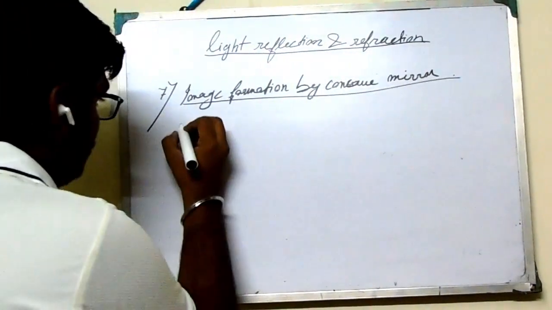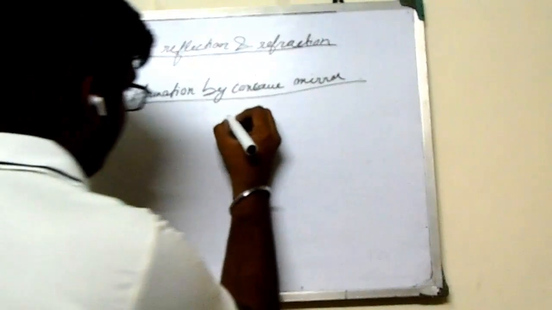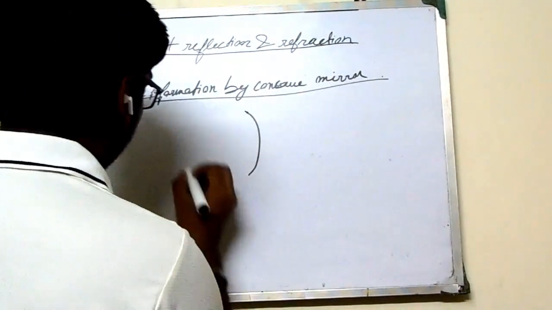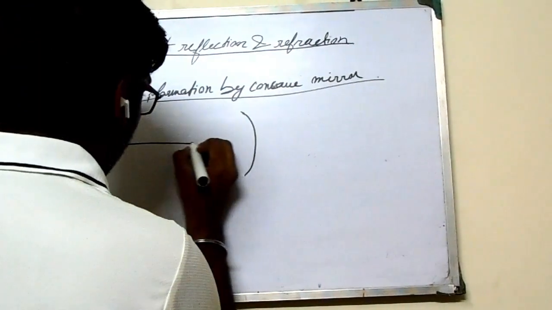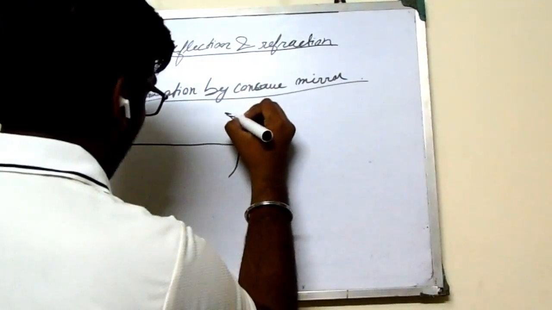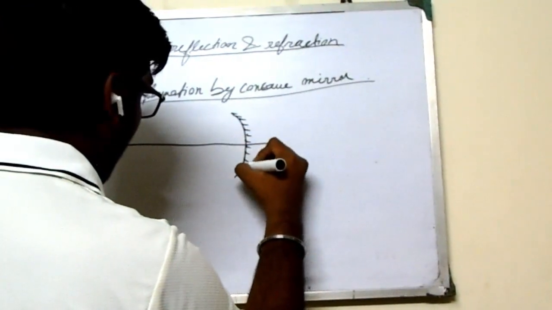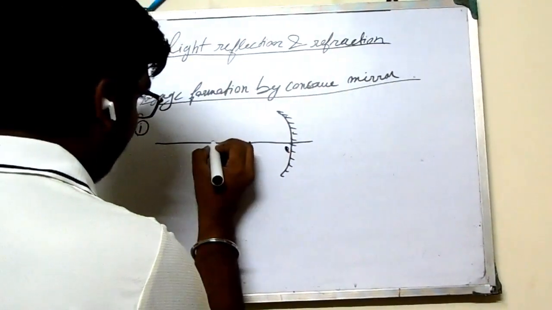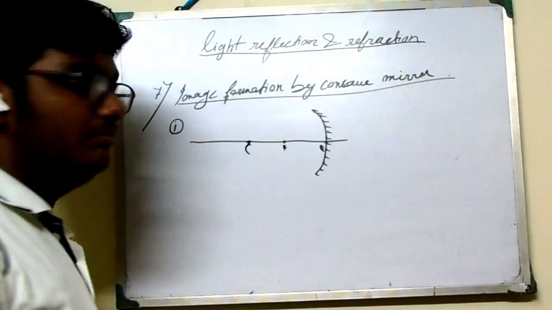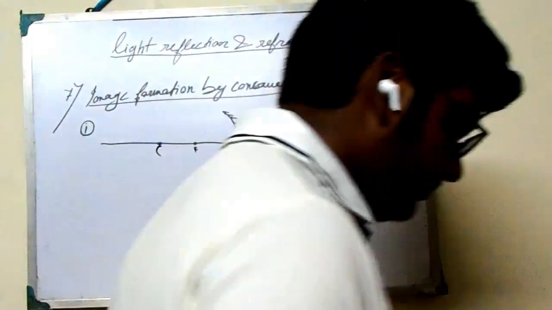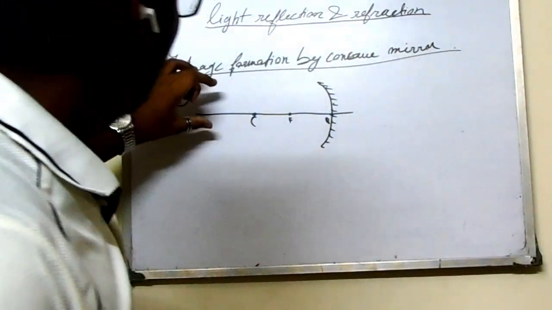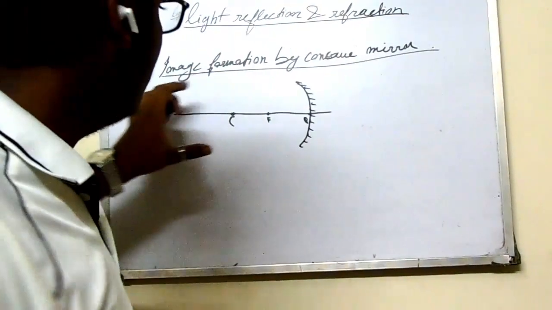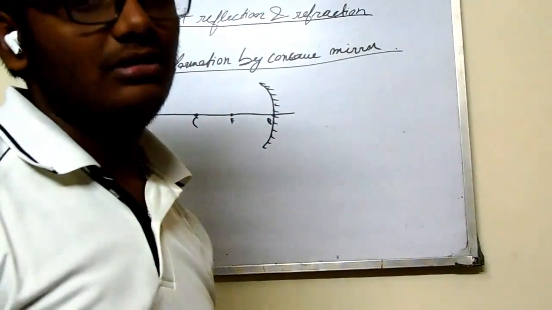Okay, so the first one is the concave mirror, P, F, C. Suppose the object is placed at infinity.